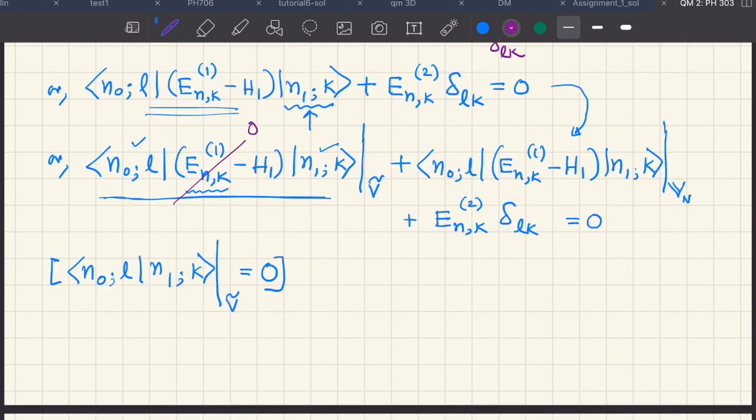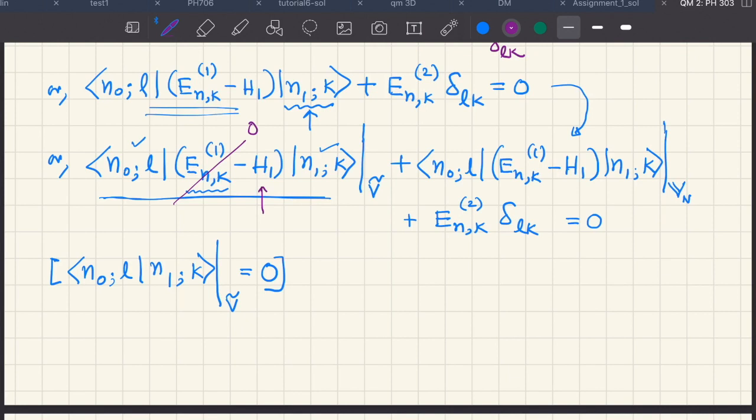So now we have H1 in this second term, and we also have the basis states n0L of the degenerate subspace, and we already know that H1 is diagonal in the degenerate subspace.